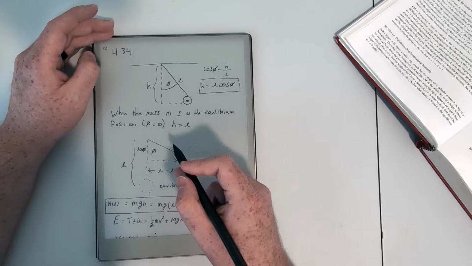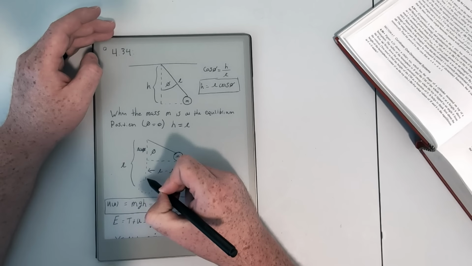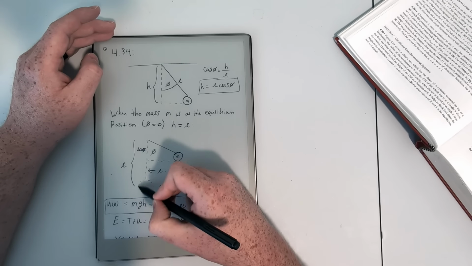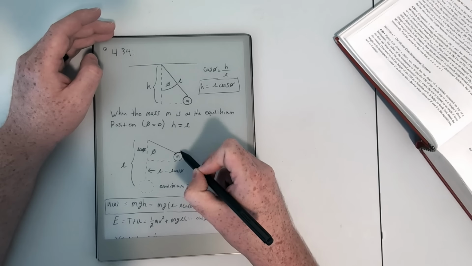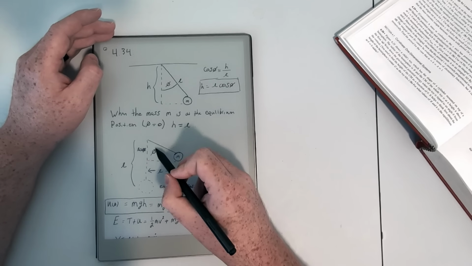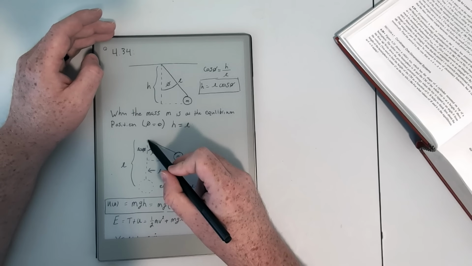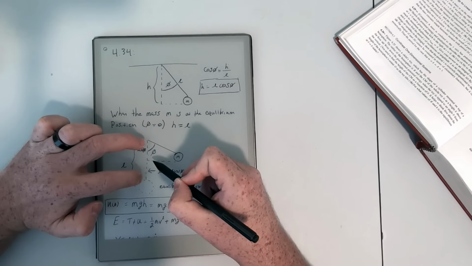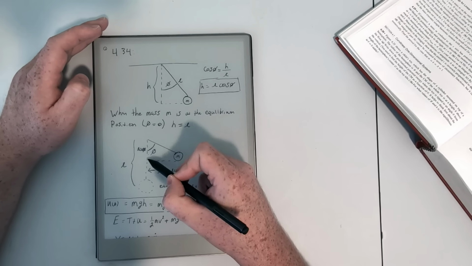Now, this dotted portion is as if the mass were at the equilibrium position; it would be here. But the mass is actually swung quite high up here, at this angle phi. We know that this part of the triangle, not the whole thing, is L cosine phi. This is our h.